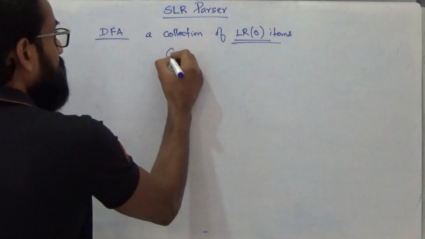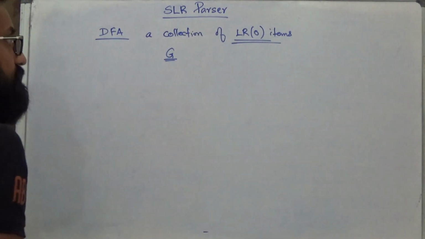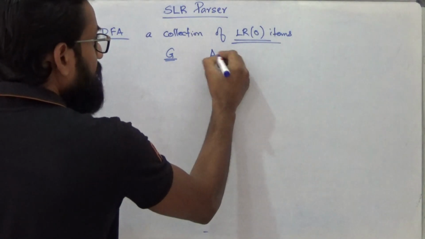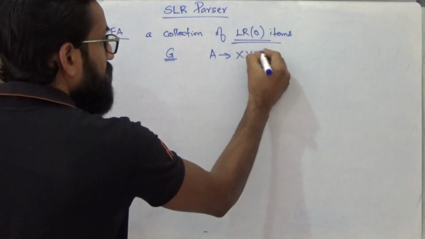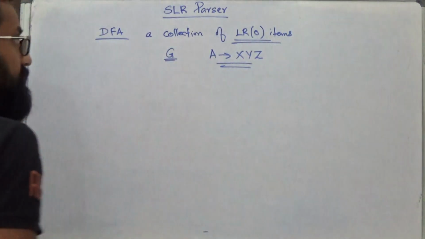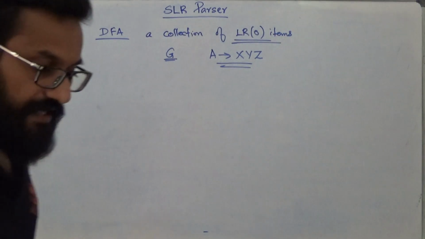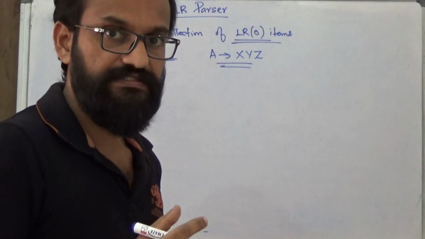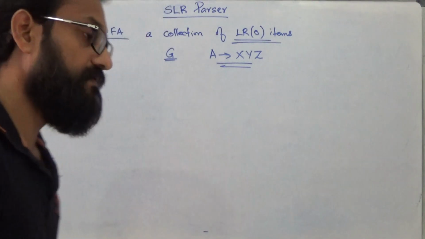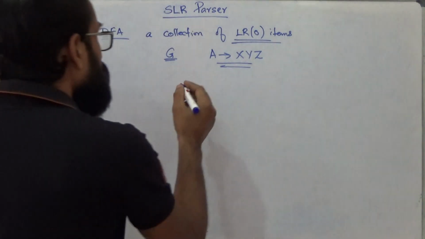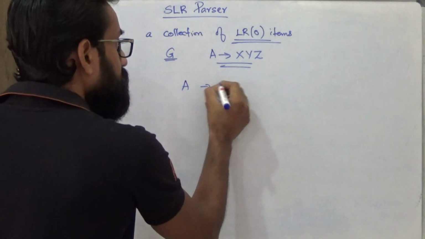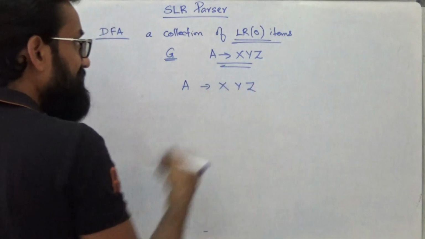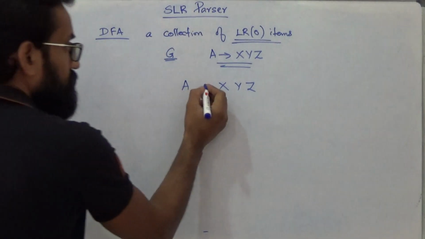So assume that you are having a grammar G and let A giving XYZ be a production in your grammar G. Then LR0 item of a grammar G is actually a production whose right hand side contains a dot operator.